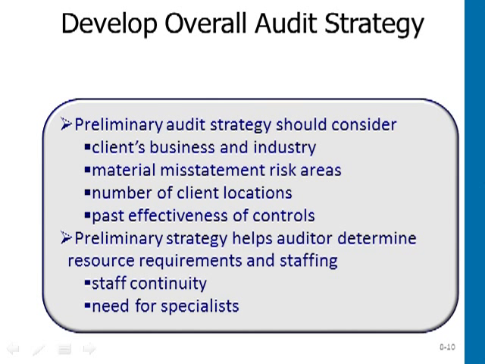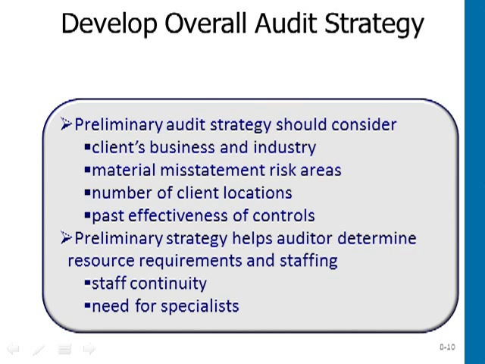And so, having performed all of those steps during the planning phase, we move into developing our overall audit strategy. And so this audit strategy should include consideration of the client's business and industry, any material misstatement risk areas.